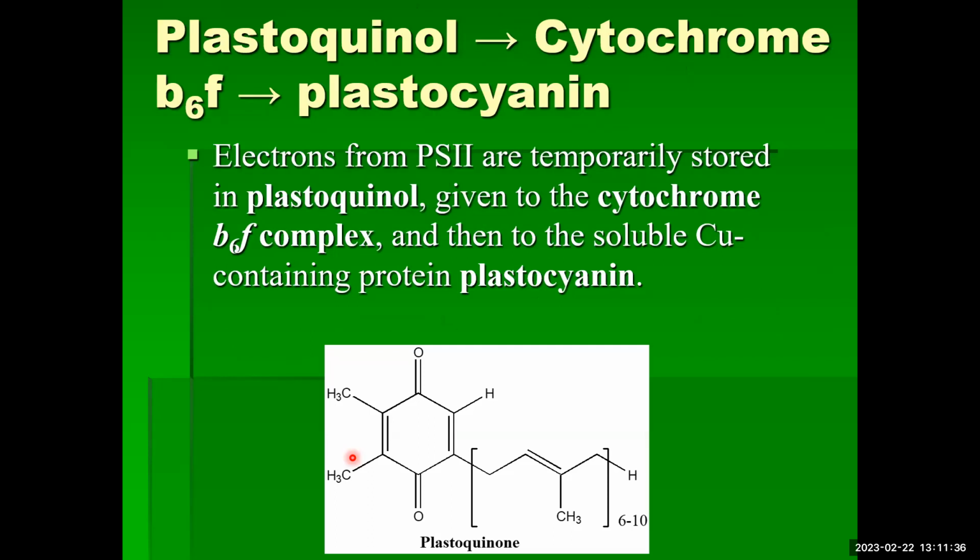So electrons from PS2 will temporarily get stored in plastoquinone. Those electrons will be given to cytochrome b6f, that complex, and then to the soluble copper-containing plastocyanin, which will carry the electrons to PS1.